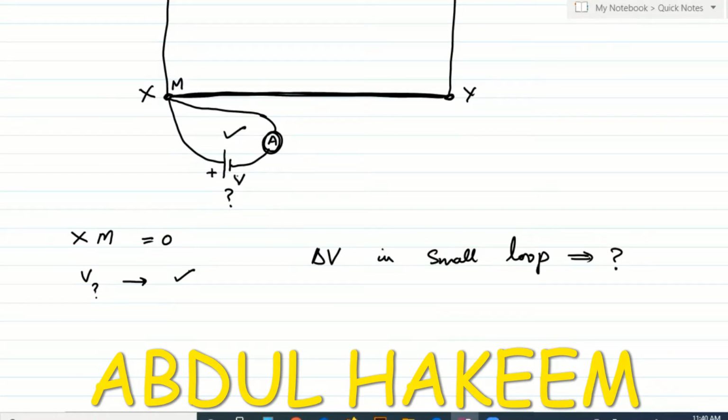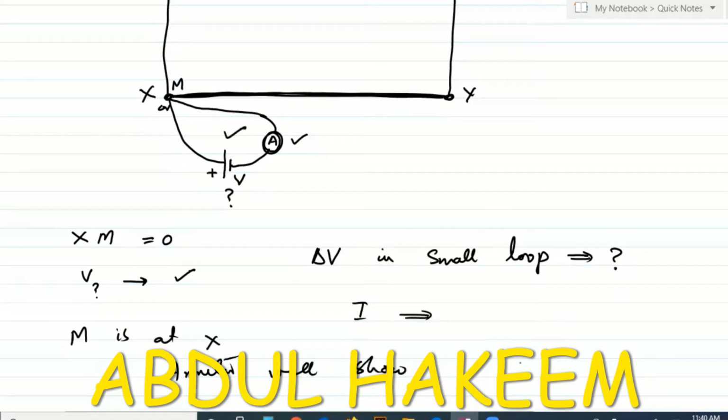Yes, it has potential, and here the potential is 0. So there is a potential difference. Due to the potential difference, current will flow from high potential to low potential, and that current is recorded by the ammeter. So when M is at X, the ammeter will show some reading for the current.